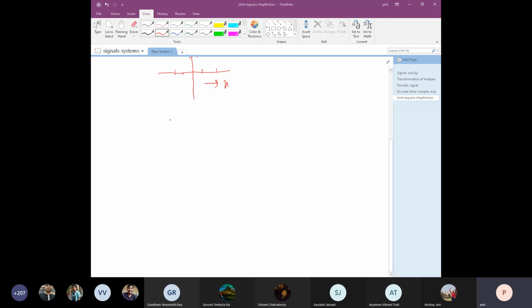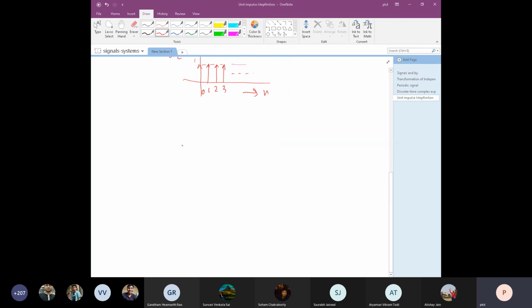The step function u(n) is equal to 0 for n less than 0, and 1 for n greater than 0. So this is the unit step.